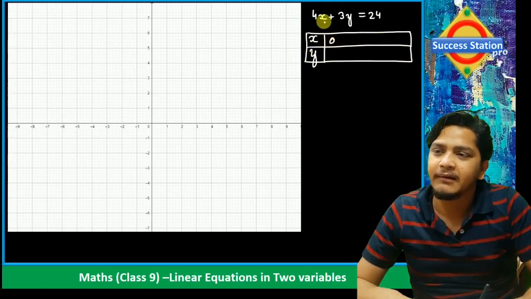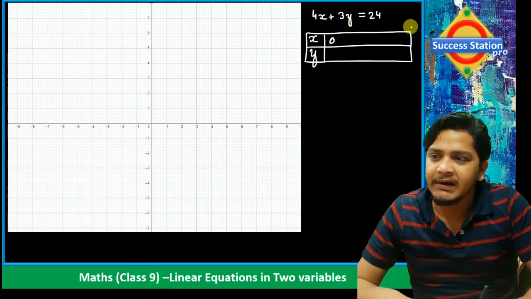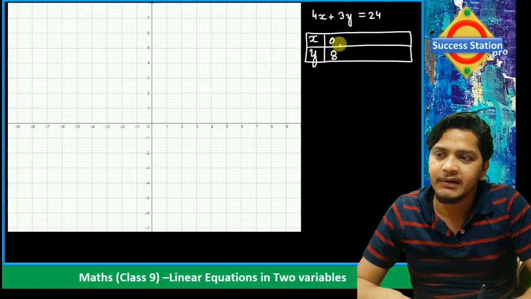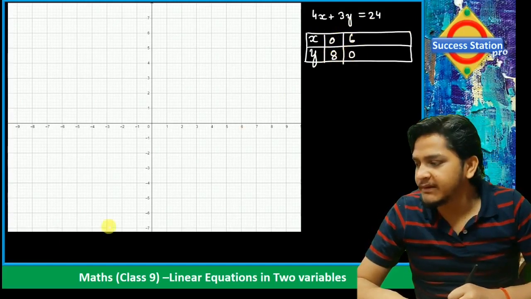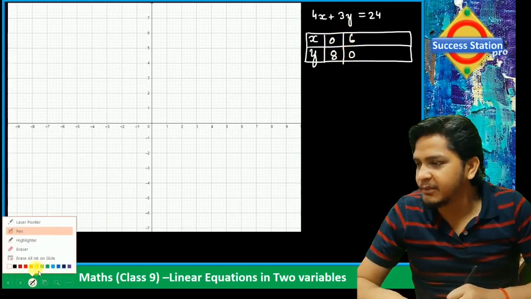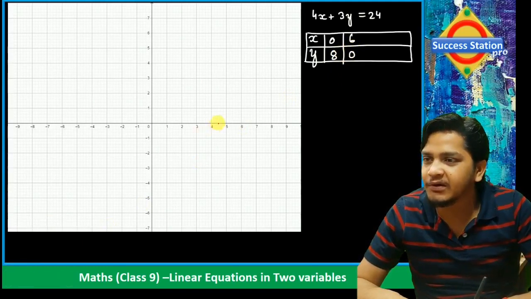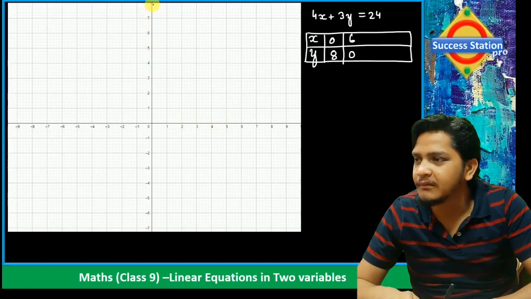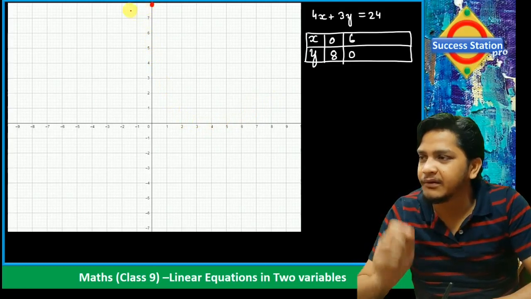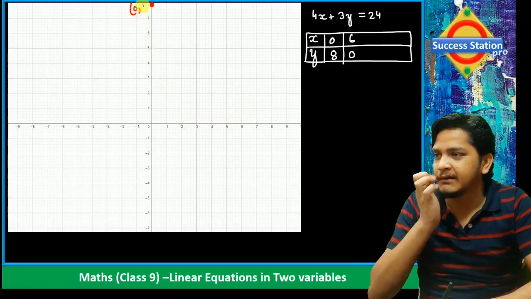What will you get? 3y equal to 24, so y is 8. Clear? Now put y equal to 0. What will you get? 4x equal to 24, so x is 6. So you just plot these points: x equal to 0, y equal to 8, somewhere here. The point is 0, 8.